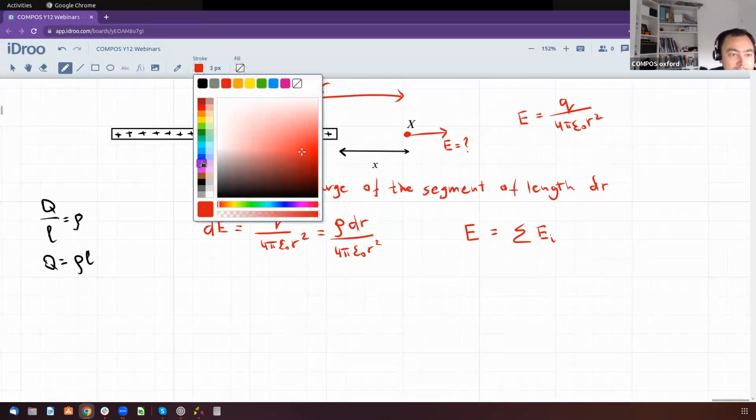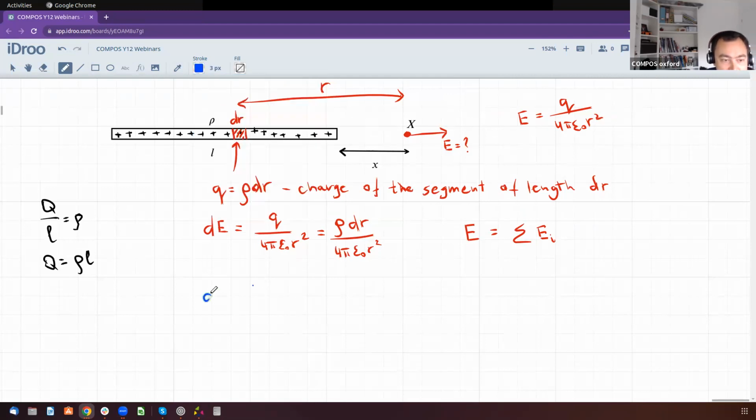And we can write that. So dE, I just copy this. dE is rho dr over 4 pi epsilon naught r squared. And this is beautiful because we can integrate right away.